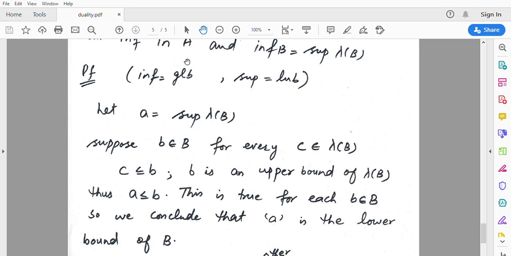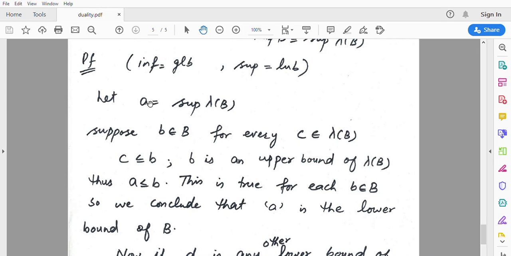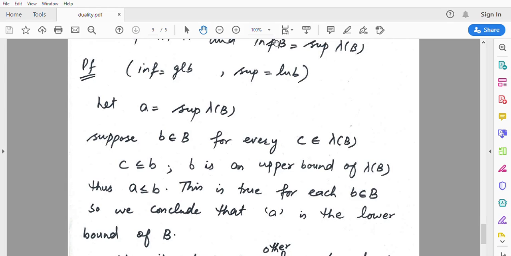So let's talk about B. Suppose there is an element b belongs to B. After supposing that A is equal to the supremum of lambda of B, we will talk about the elements of B, because our target is to prove that A is equal to the infimum of B. So we will talk about this class first, this class B. Take an element b belongs to B. For every c belongs to lambda of B, it means that c must be less than or equal to b.